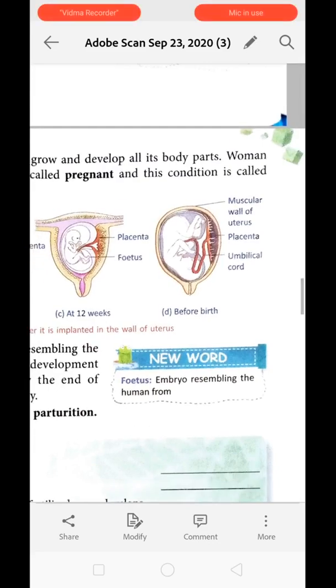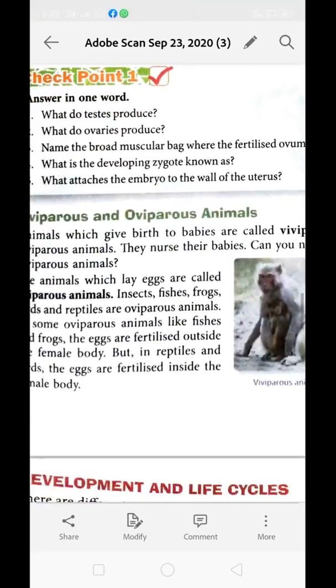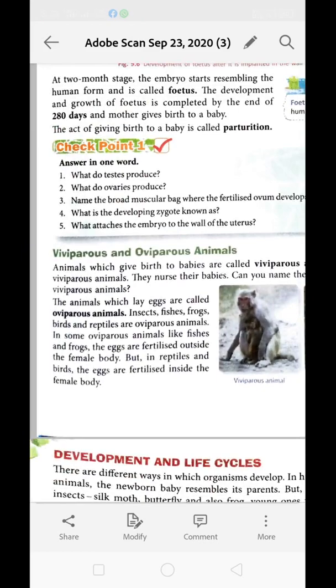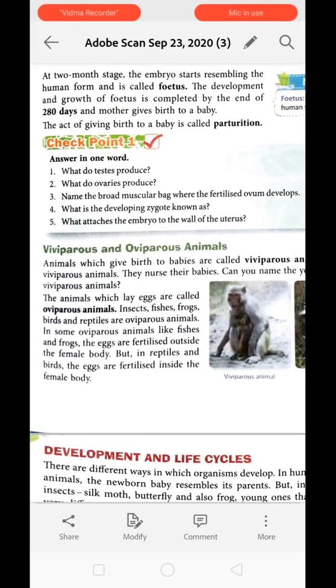Now, the next topic is viviparous and oviparous animals. It is very simple. Oviparous: ovum, ova. The animals which lay eggs are called oviparous animals, for example fishes, frogs, birds, reptiles.